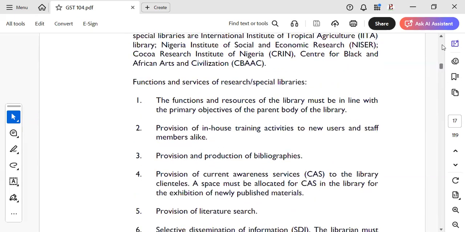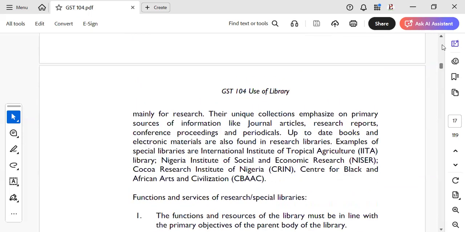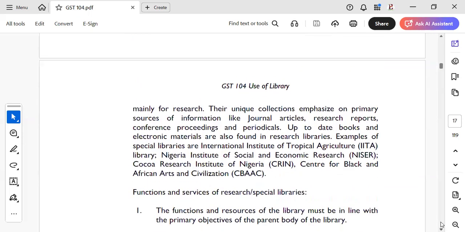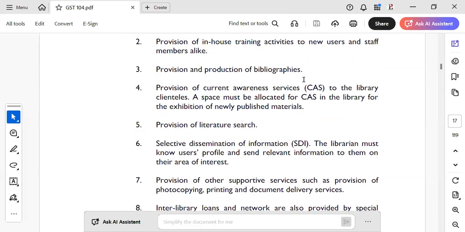Sir, please, can you come again on this SDI? Okay, I said there is a question they normally ask on SDI and CAS. They say, what is the main difference between SDI and CAS? Then in the options, they'll put several options. The main thing is you should know that SDI is personal, while CAS is general. Say we have 100 books that just came in today, new books. They all fall under CAS, Current Awareness Service, for all the library users, telling them that there are 100 new books in the library.